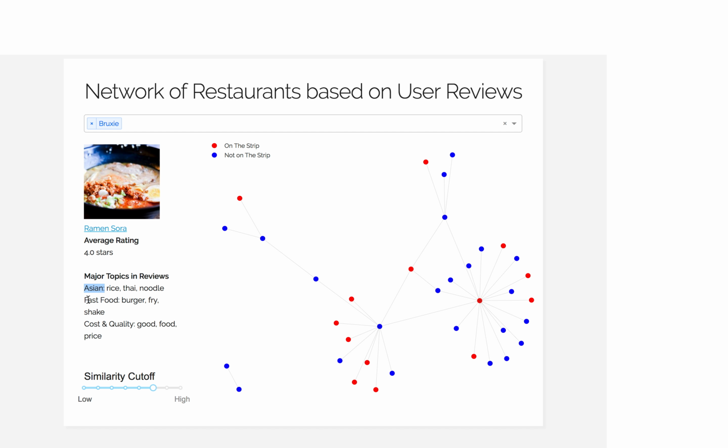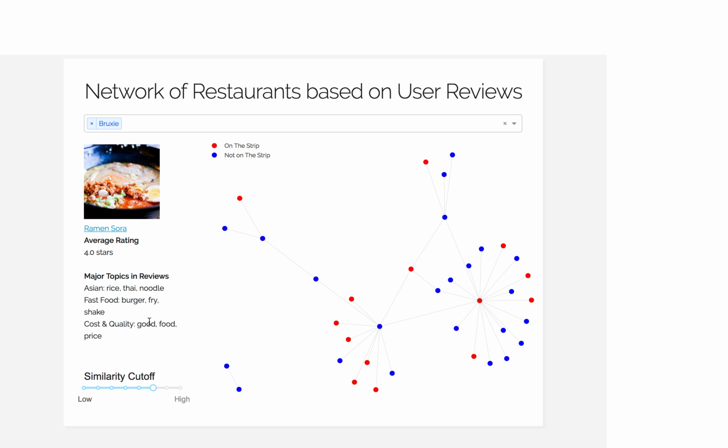Here, for example, it's Asian, fast food, and people talk about cost and quality. Another best part about this is that for each topic, we also show the main three words. For example, for the third topic, cost and quality, we don't understand whether they talk about good quality or high price. But from the words you see here, you can understand that it talks about good food.